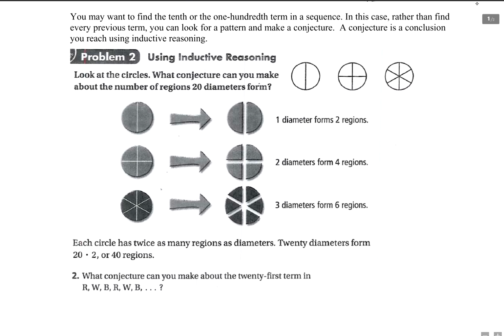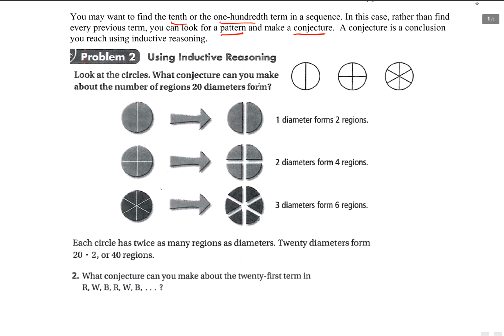but what happens if we want to find the 10th or the 100th term or the 1000th term? Instead of drawing 10,000 patterns or 10,000 terms so that you can find the next one, you look for a pattern and make a conjecture.